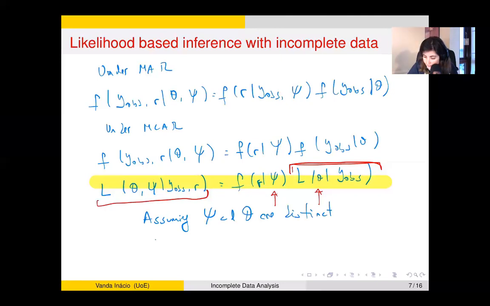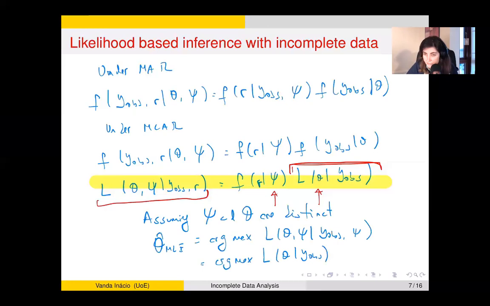I know that my MLE that results from maximizing the joint likelihood is the same as the one resulting from maximizing the likelihood of the observed data. And this is a quite powerful result. So I need to make assumptions.